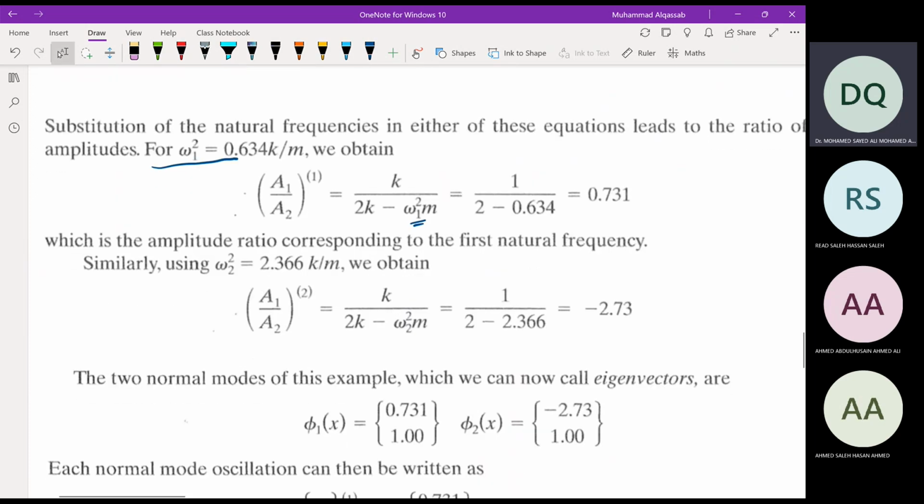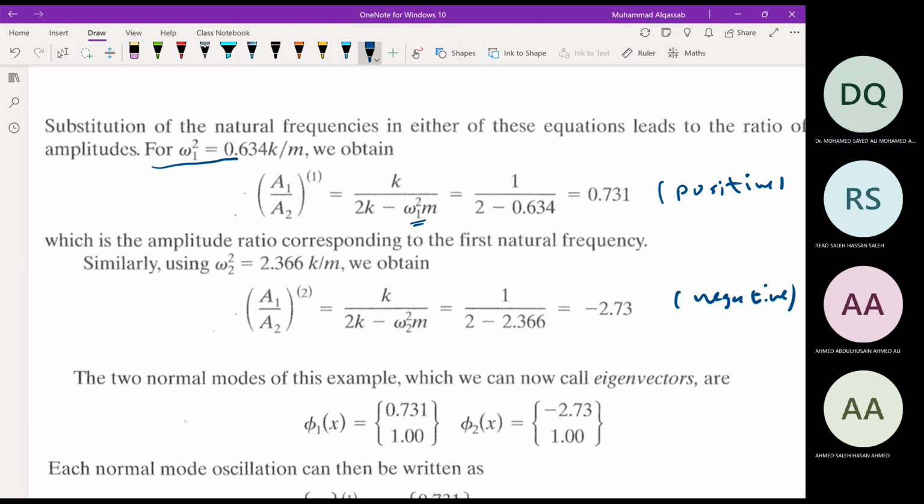For the second natural frequency, when you put omega equal to omega 2, the amplitude ratio becomes minus 2.73, which is negative. This is a positive value. This is a negative value. And this has meaning. I will talk about this next time, inshallah. Okay. On Tuesday we will continue this lecture.